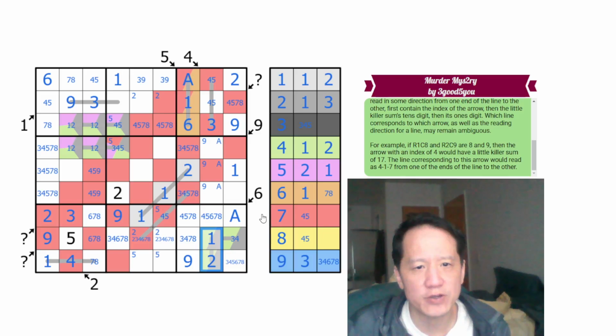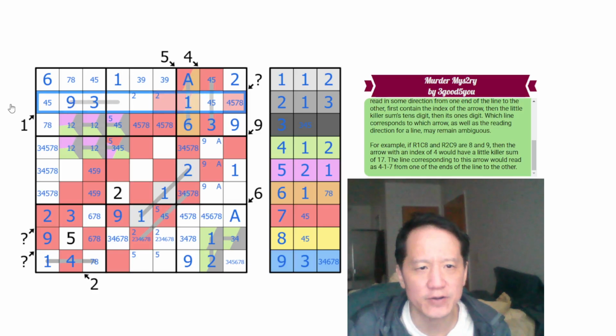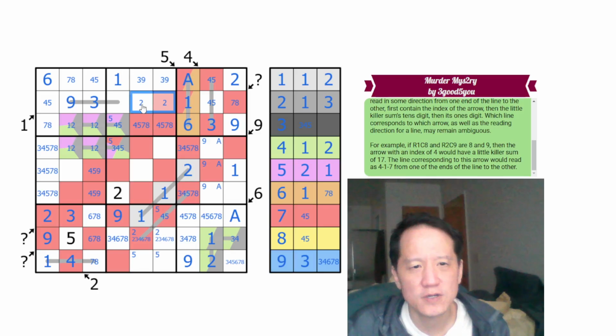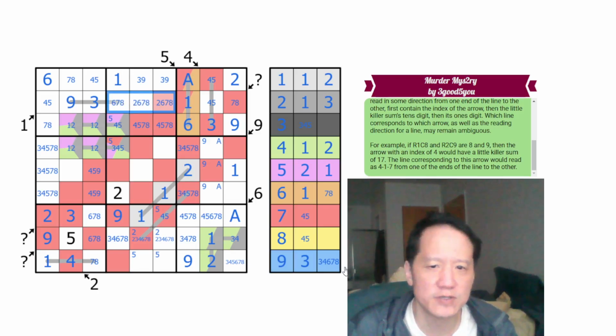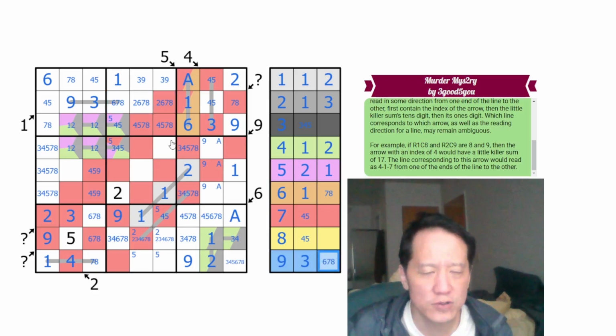We also have a 4, 5, 4, 5 pair now in row 2. So the rest of the row cannot be 4, 5. So this is 7 or 8. And therefore this is 2 with 6, 7, or 8 as the possibilities. So this cannot be 3 or 4.